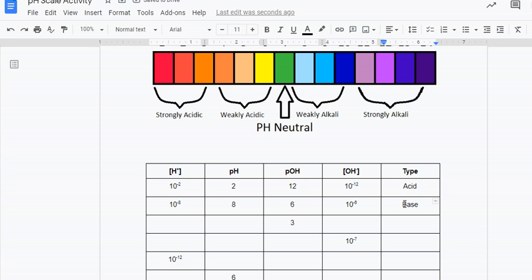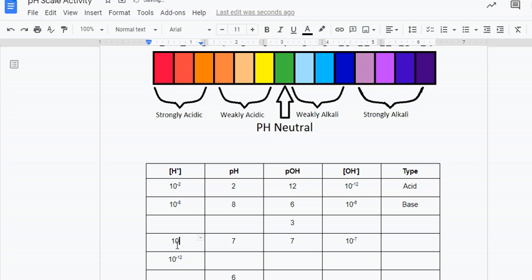All right, let's just do one more. I'm going to skip down here. I see 10 to the minus 7 here. If I want the pOH of that, I'm going to take the minus logarithm of that. So it's going to be 7. 10 is raised to the minus 7 power. So I'm going to record my 7, but I'm going to take that negative and make it positive. Well, I know pH plus pOH must equal 14, so we have a 7 for my pH.